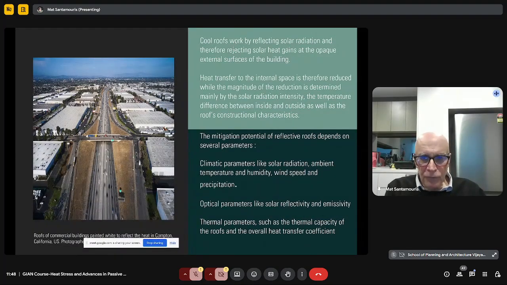Of course, the performance of cool roofs depends very much on the ambient temperature and humidity, wind speed, precipitation, and many other things. And of course, it depends very much on the optical properties and characteristics of the material used. We have to use materials, and I repeat it, that present very high reflectance and very high emittance.